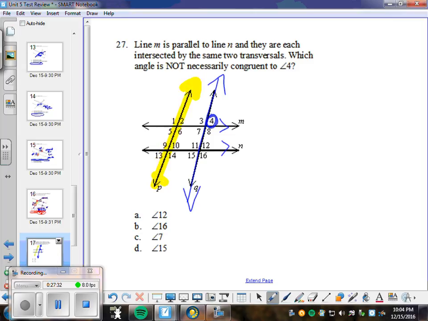Okay, looking at angle 12, I'm going to put that in green. The relationship between 4 and 12 would be corresponding, so it would be congruent. Now how about 4 and 16?